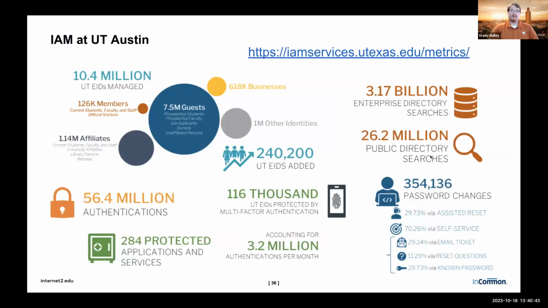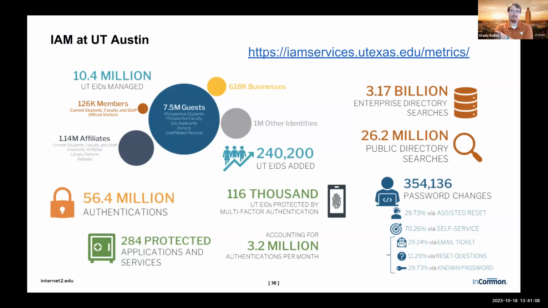I also included this slide to show you a bit about the scale and size of IAM at UT Austin. The University of Texas is rather large. This data is, I believe, current as of December 2022 or January 2023, so we're getting ready to refresh this in a couple of months.